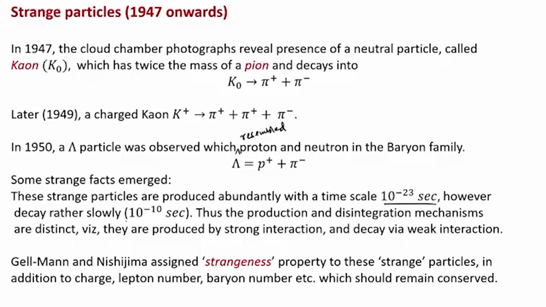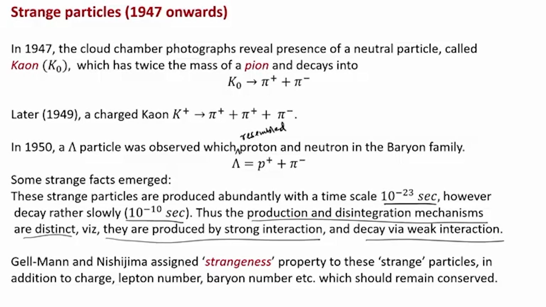but they decay rather slowly. They decay with a time scale that is 10 to the power 13 times larger. So, the production and disintegration mechanisms are different, and it is proposed that they are produced by strong interaction and decay via weak interaction.